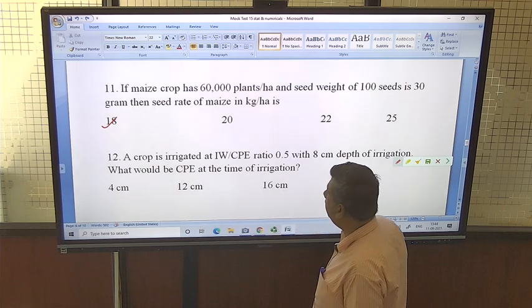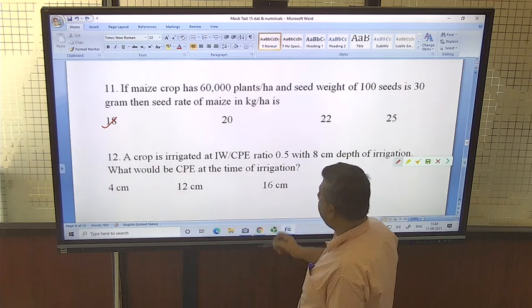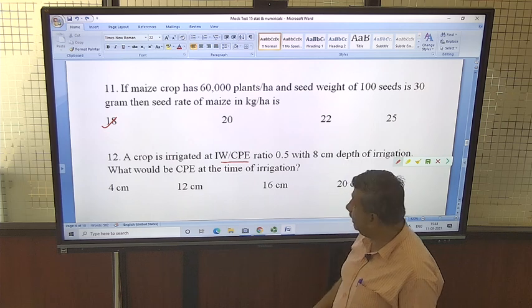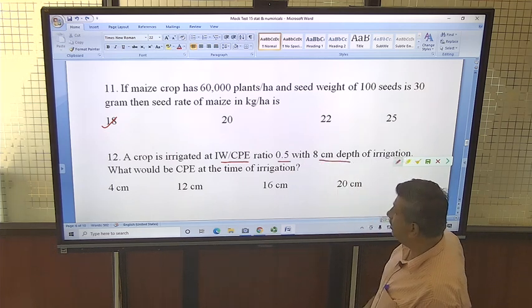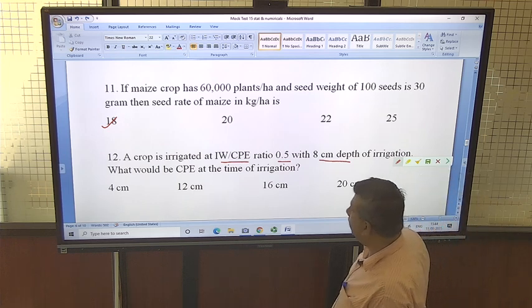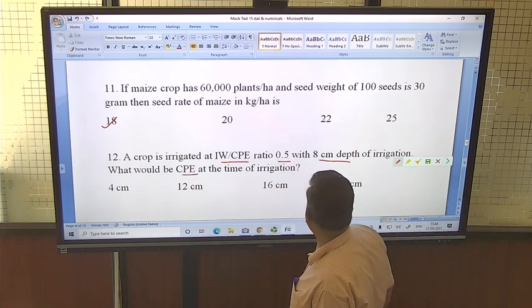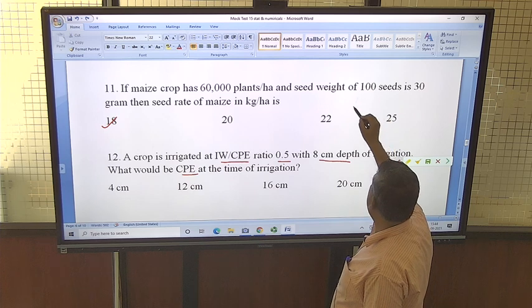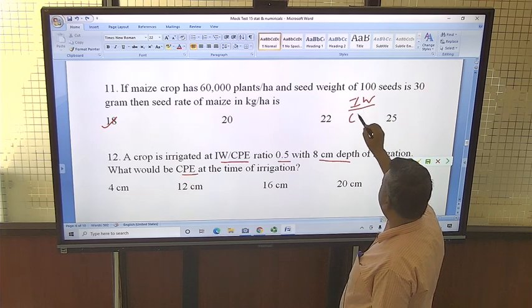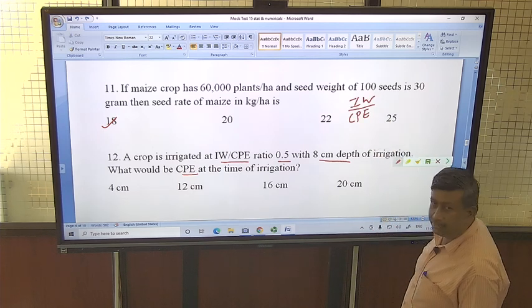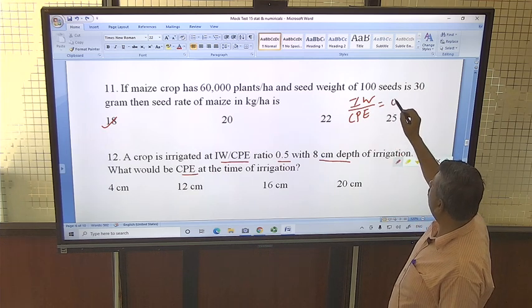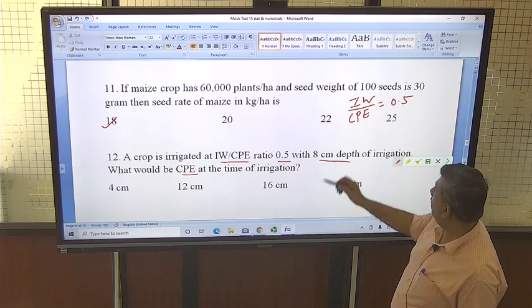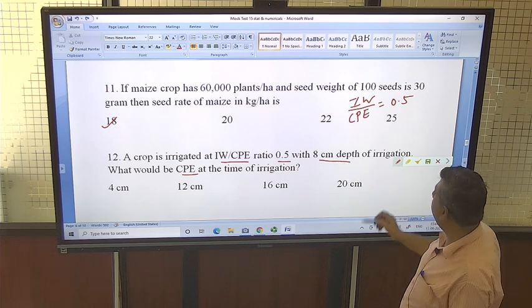The next question is, a crop is irrigated at IW/CPE ratio 0.5 with 8 centimeter depth of irrigation. What would be CPE, cumulative pan evaporation? So basic question is based on irrigation water depth divided by cumulative evaporation, and ratio is 0.5 and 8 centimeter is depth of irrigation.